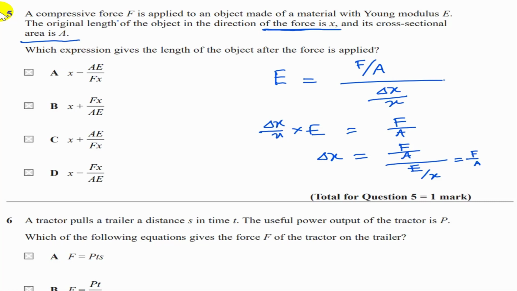So delta x equals F x divided by A E. So correct answer will be x plus delta x.